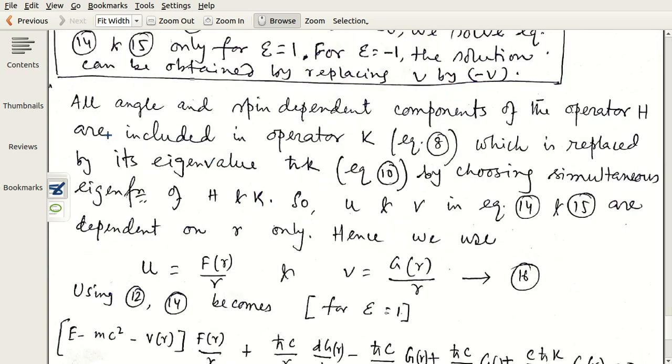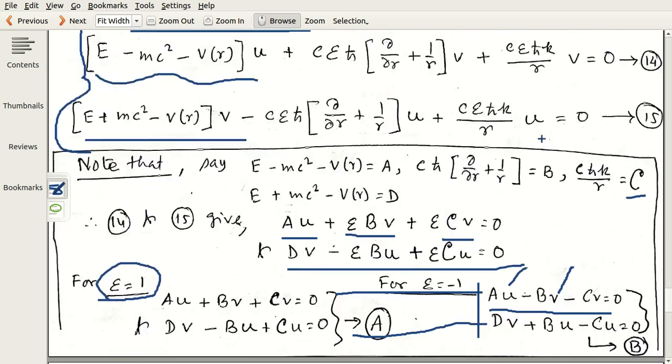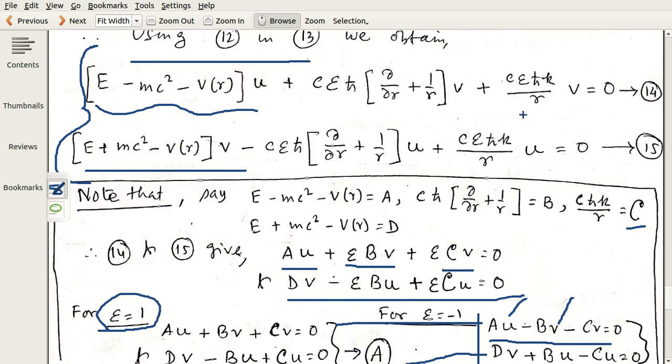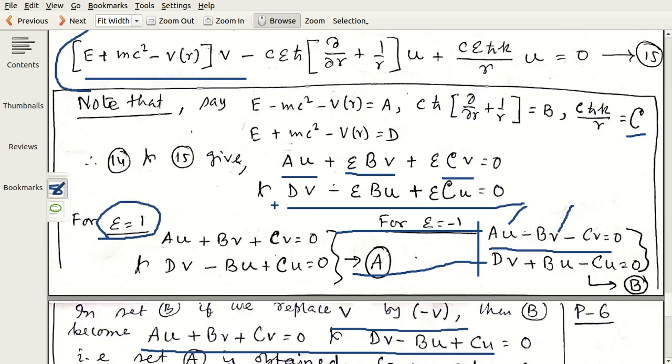Now go back to our equation: all angle and spin-dependent components of the operator H are included in the operator K and also in sigma, in fact, which is replaced by its eigenvalue ħκ, because we chose simultaneous eigenfunctions of H and K. So U and V in equations 14 and 15 are simply radial parts, because the angular parts and spin components are included in K. All their effect comes from the eigenvalue ħκ, so we are left only with the radial part.